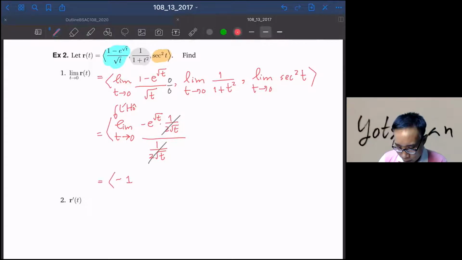The second one is the limit as t goes to 0 of 1 over 1 plus t squared, which is 1, without using any L'Hopital.